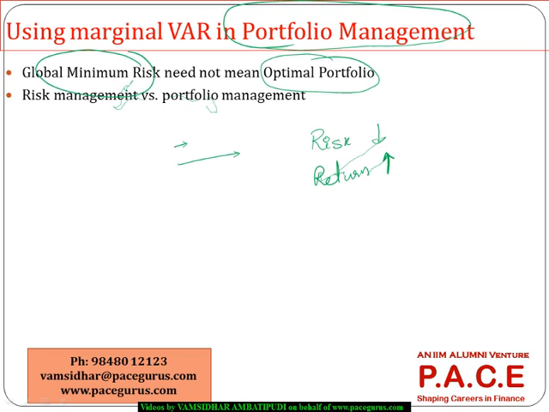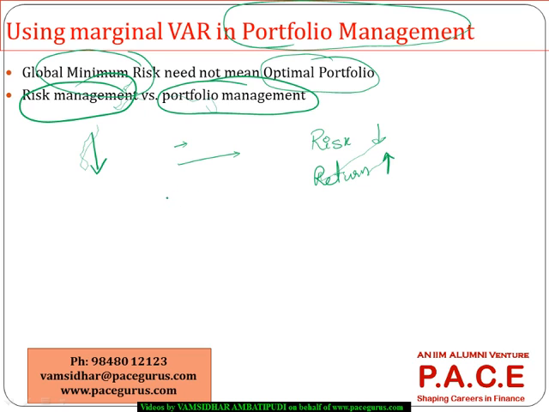When I am using risk management, my intention is to reduce the risk drastically by using various mechanisms and methods to address the risk. But when I am talking in the context of portfolio management, I am more interested in even looking at the returns and, based on the returns, doing an adjustment for the risk.